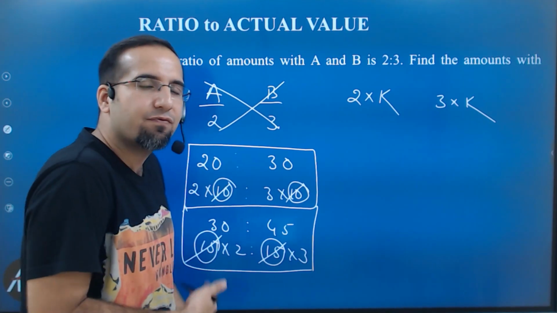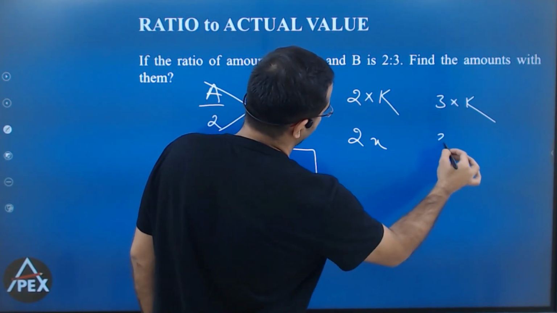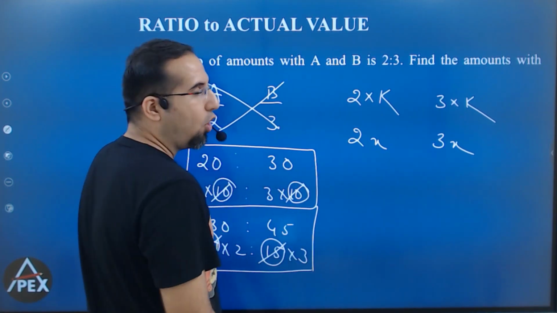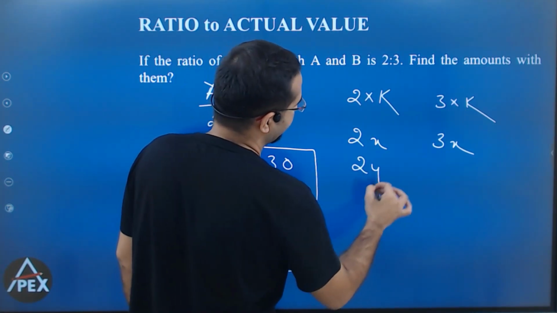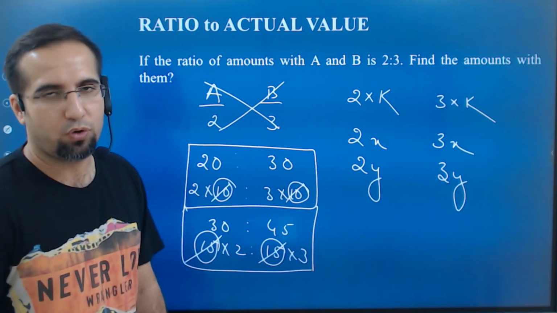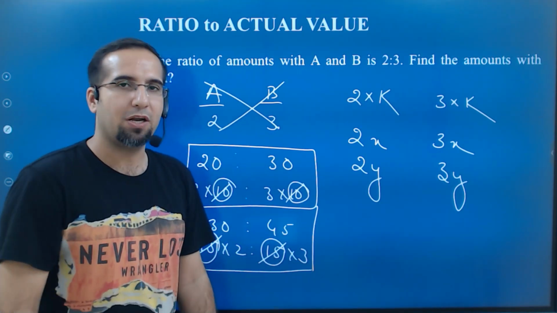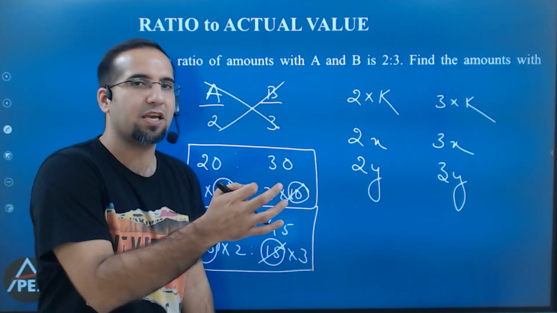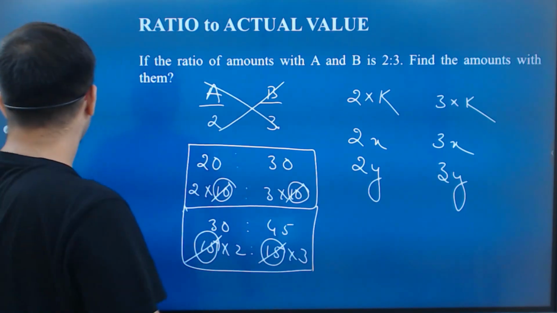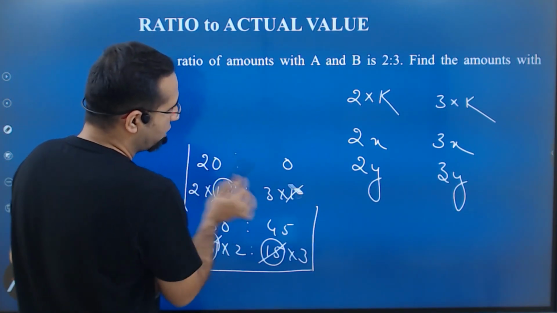It can be any alphabet of English. Here I can have A as 2x, similarly B will have 3x, or we will have A as 2y, then B will have 3y, and so on. But the same alphabet, or same variable, has to be multiplied to all the terms of the same ratio. Clear?